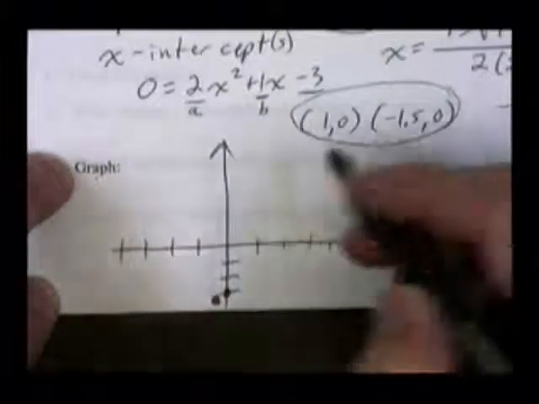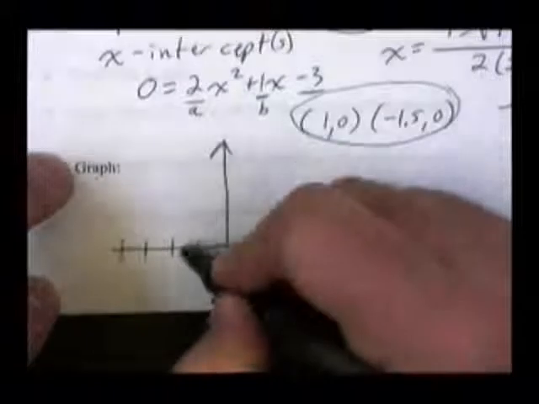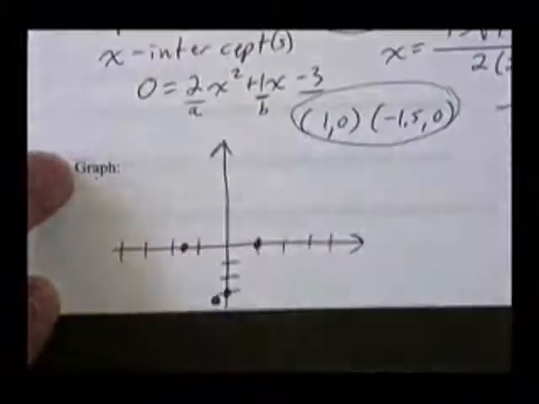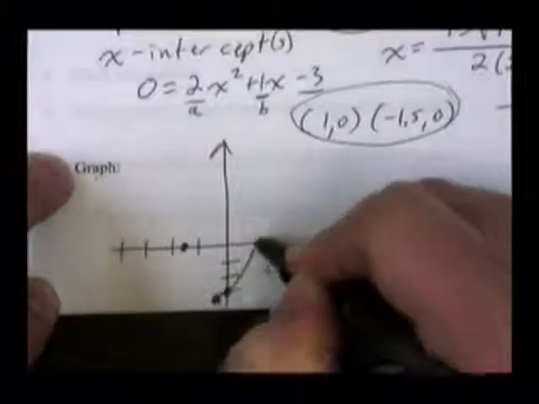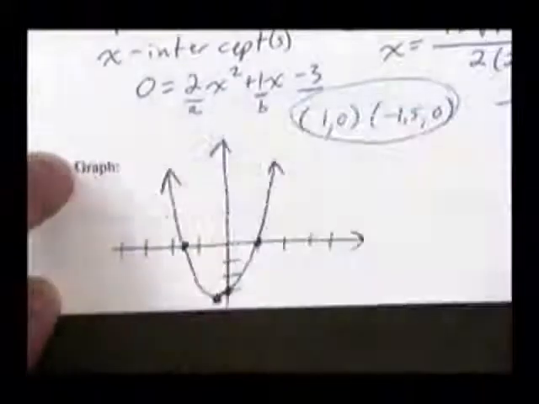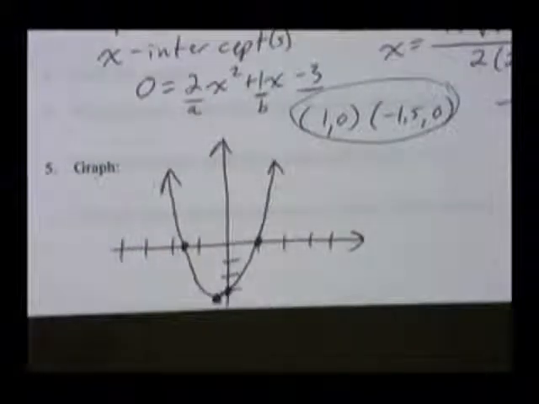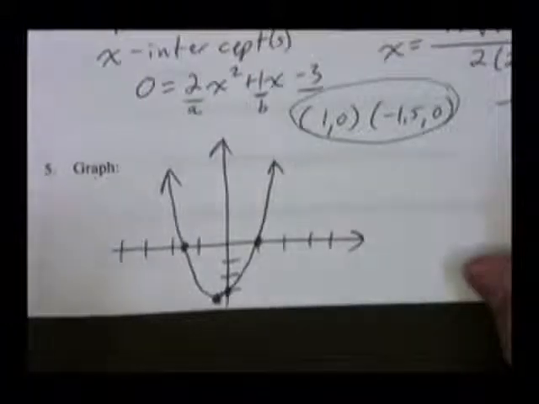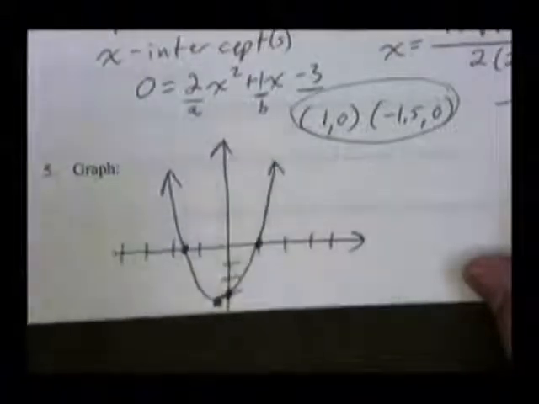And my two x-intercepts are at 1 and at negative 1.5. And now I've got everything I need to draw a picture of my graph. Okay? So there is a quadratic equation, some of the features of it, and how we can use those features to provide a graph.